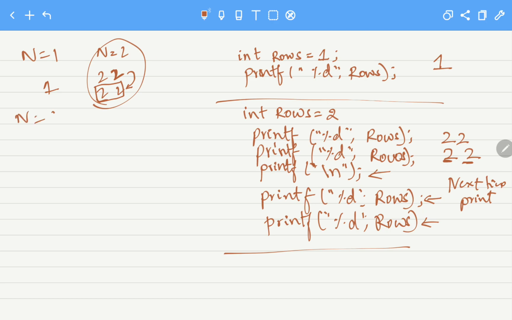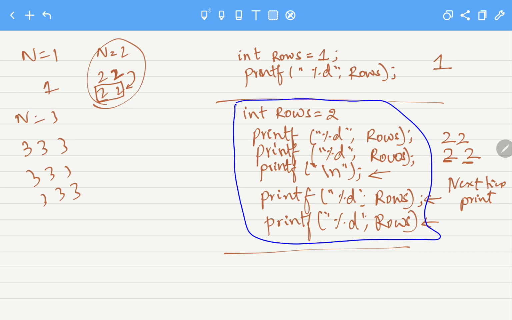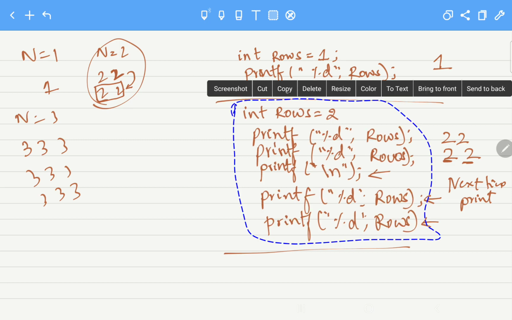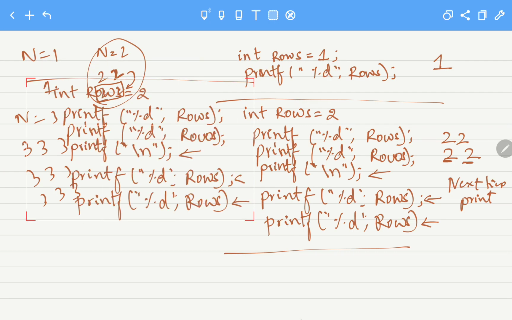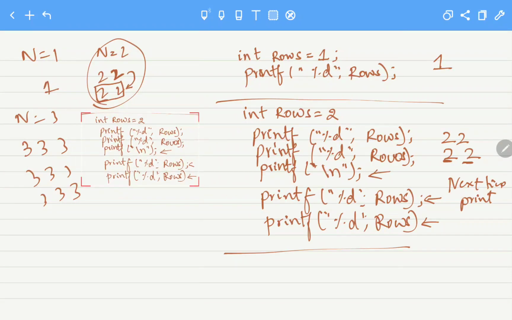For n equal to 3, whatever I write, we have to print this pattern. What I do is the same thing. Copy, paste, resize, and instead of this 2, I will make it as 3.